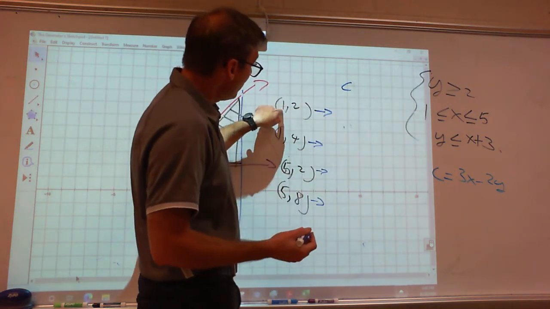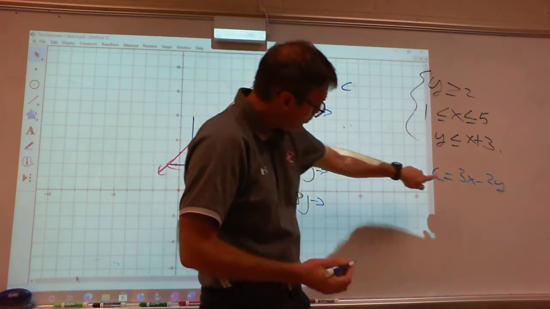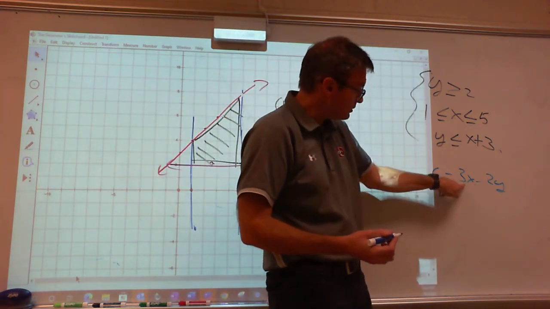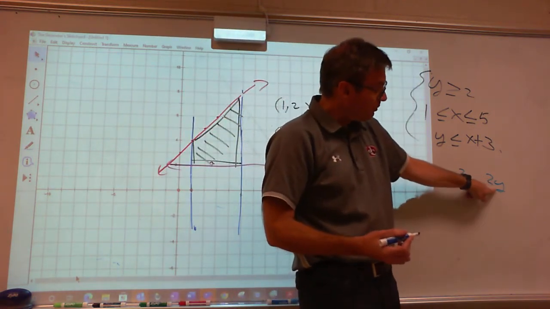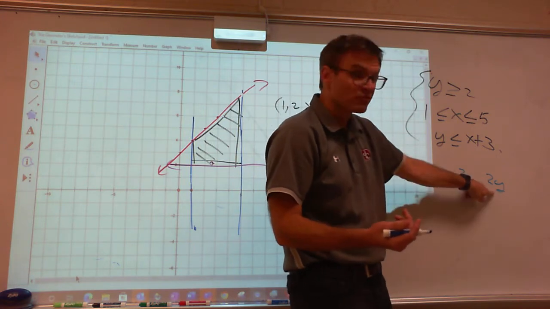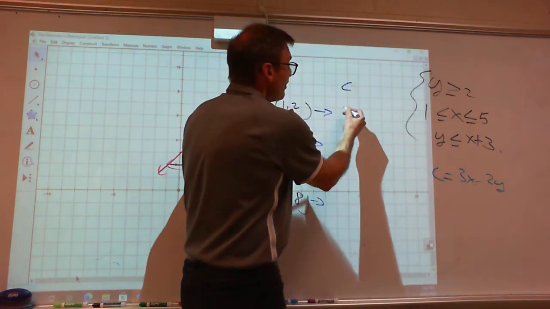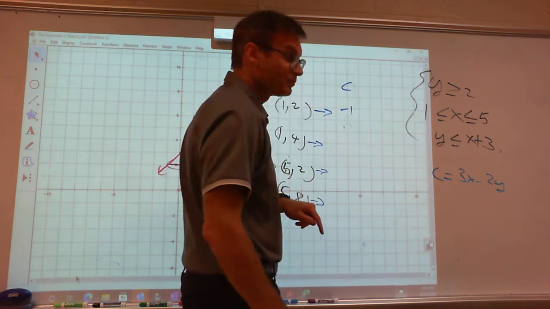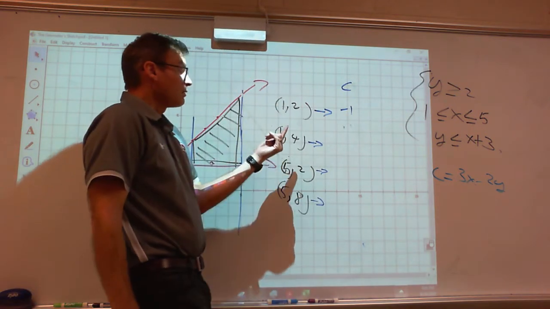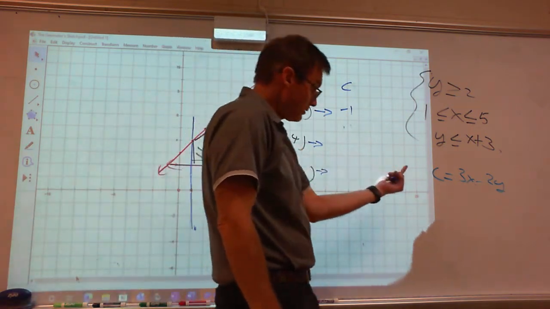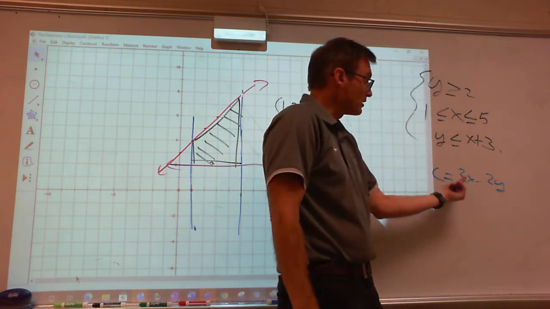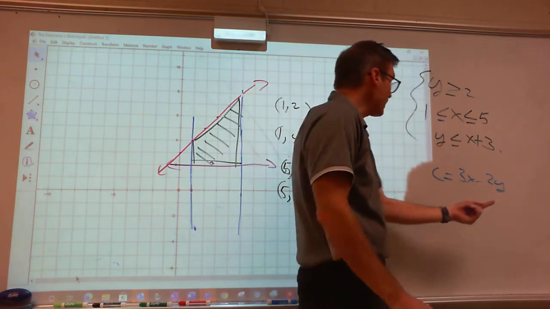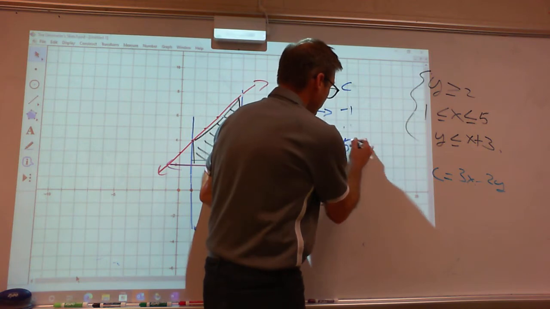So if x is 1 and y is 2, when I plug that into C, 3 times 1 minus 2 times 2, or 3 minus 4, then my value of C is going to be negative 1. If I plug in a 1 for x and a 4 for y, it's going to give me 3 minus 8, which gives me a negative 5.